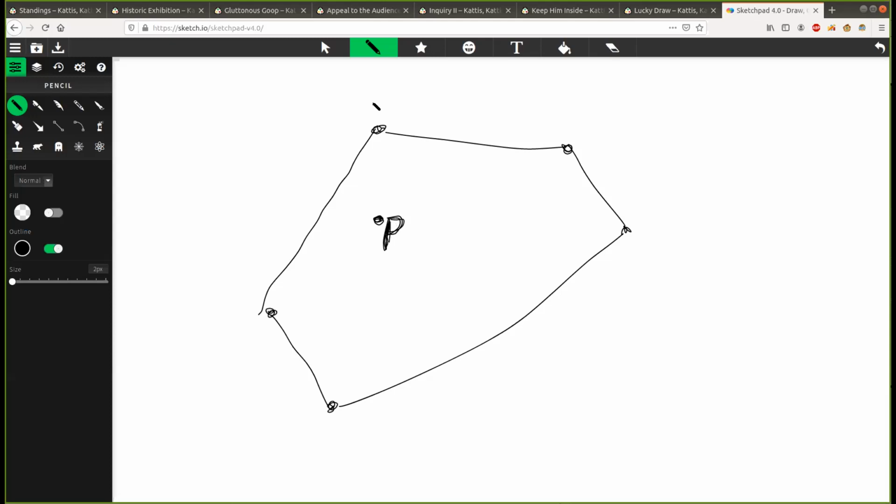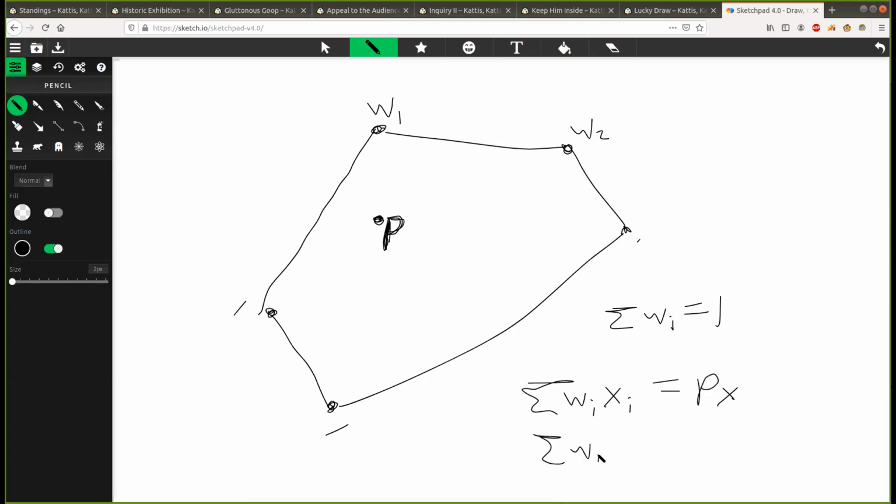So we should assign weights, say W1, W2, so that it's a weighted average. So the sum of the weights should be equal to 1. And the goal is that the average is P. So the sum of the weight times X for each of those vertices should be equal to the X coordinate of P, and then same for Y.